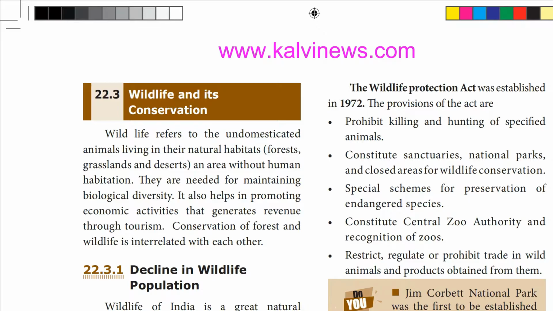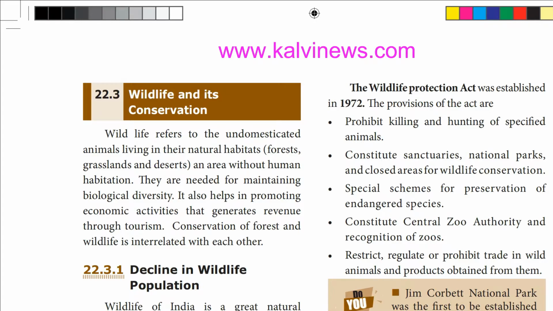Wildlife and its conservation. So wildlife refers to the undomesticated animals that are living in their natural habitat like forests, grasslands and desert. And here there won't be any human habitation, people will not be living. But nowadays many of the forests are being cut down and they become the places of human beings.